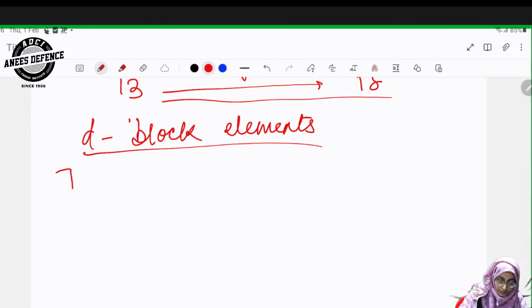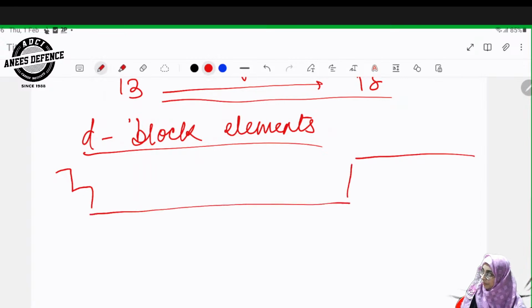See, these are the s block elements and these are the p block elements. They are located in between them. It means their groups are from 3 to 12.